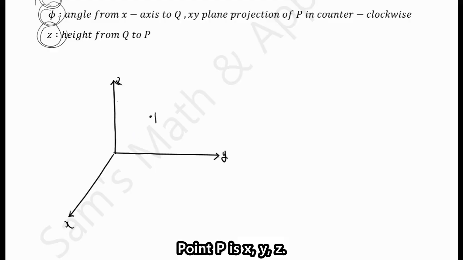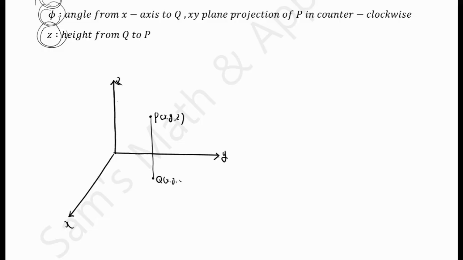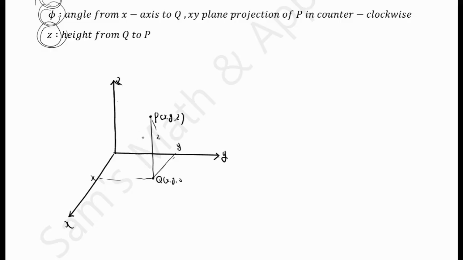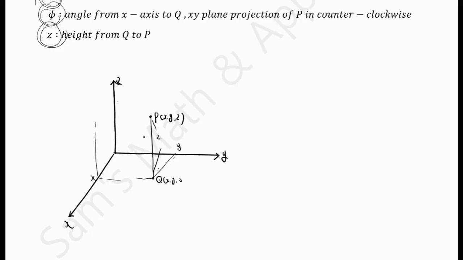Point P is (x, y, z), and the projection of point P on the xy plane is Q, (x, y, 0). This is x, this is y, and this is z. Rectangular coordinates make a rectangular parallelepiped like this.